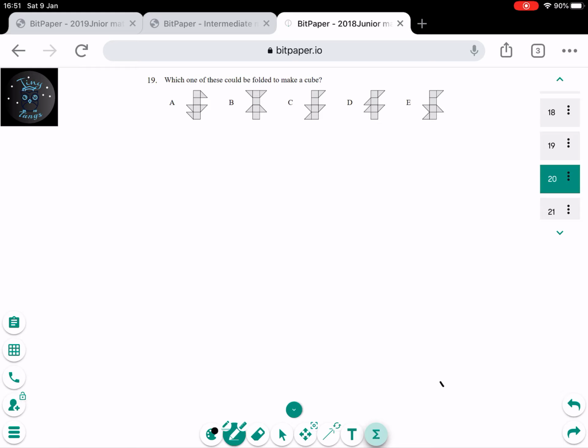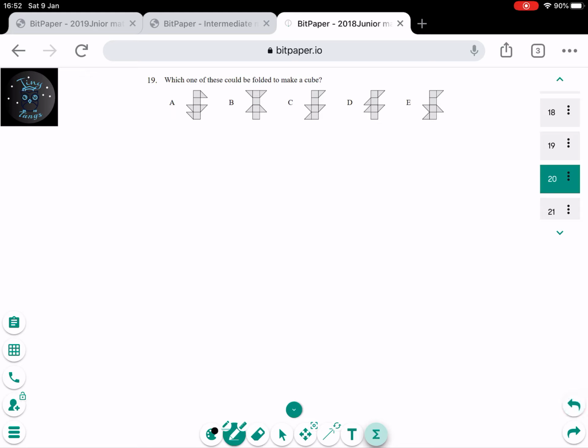But for question A, it wouldn't work because it would fit together into something like this. Yeah, so for question A, I'm doing that bit, if you can understand. And those are the three walls. I'm bad at drawing.